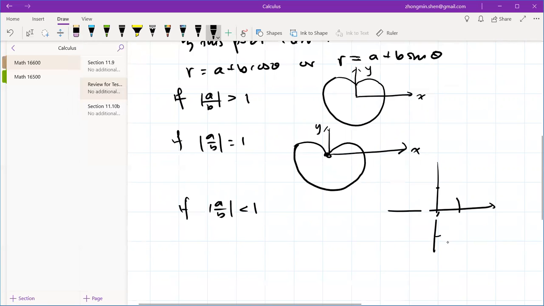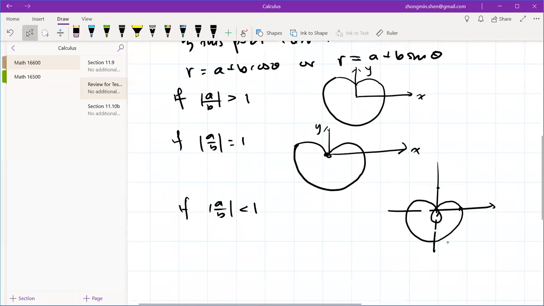I'm going to draw the graph. Something like that. So it's very hard to talk about the area of the region enclosed by this curve because it has self-intersection.